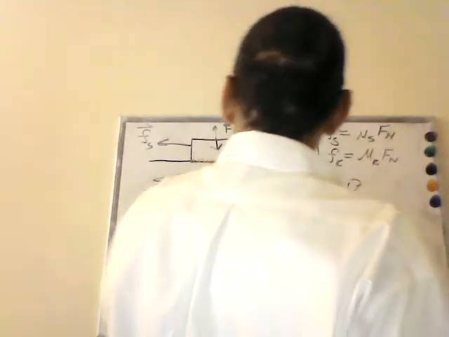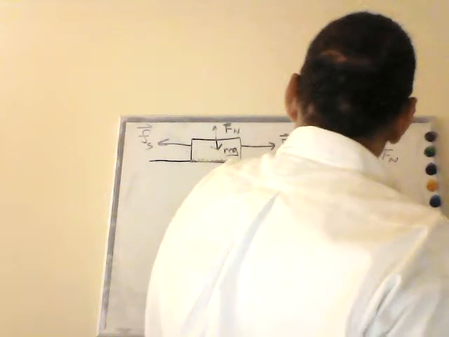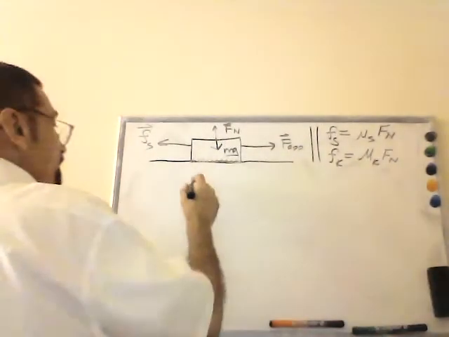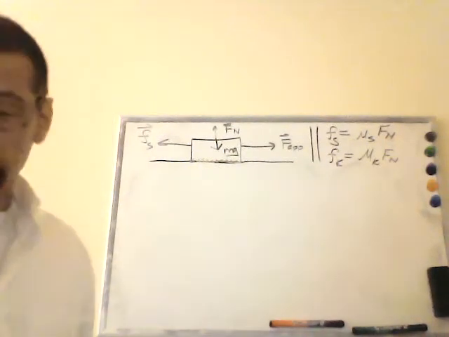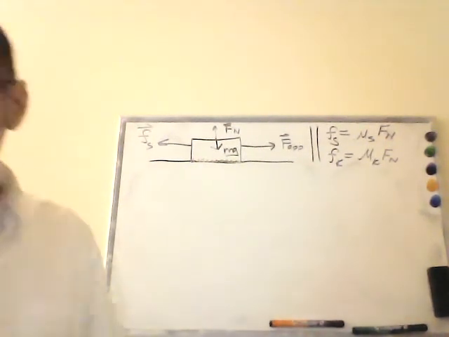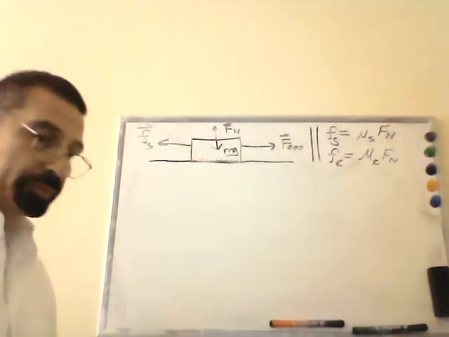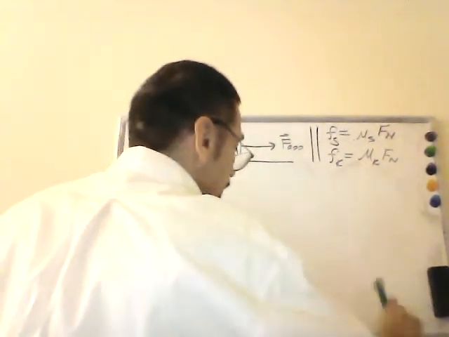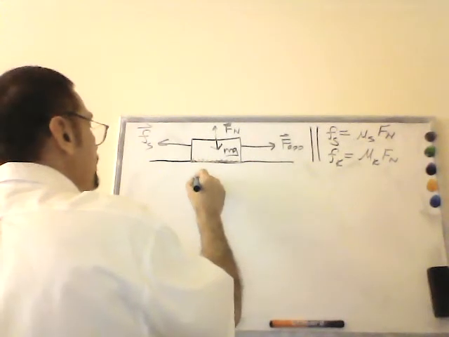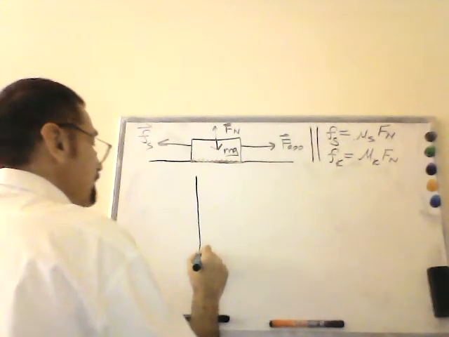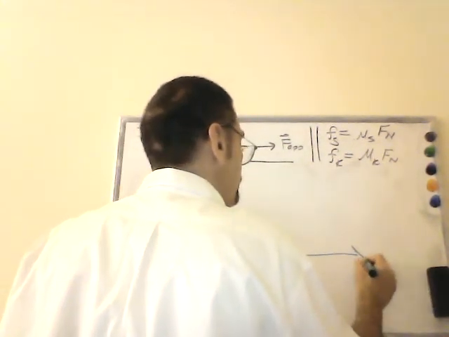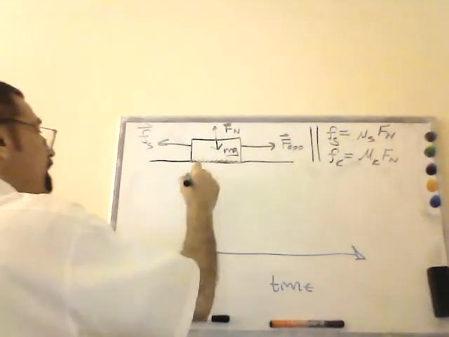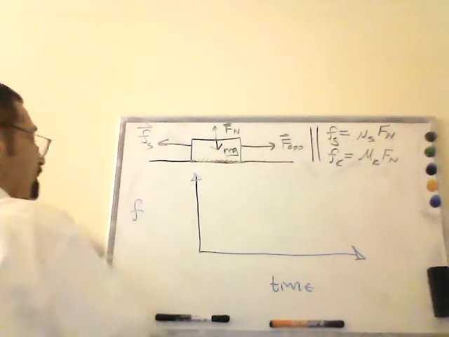What does this actually look like on a plot? Let's take a look at a plot in time of the frictional force.